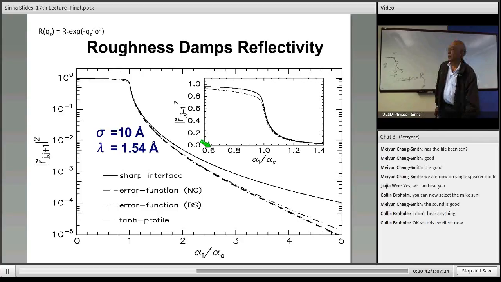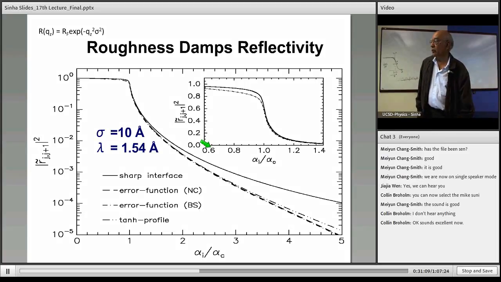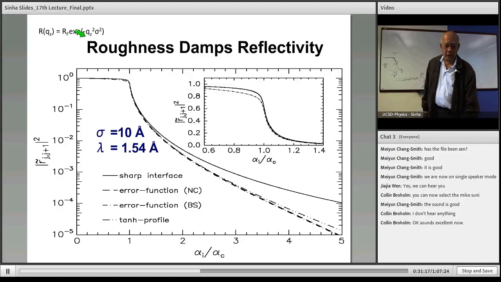That's for a typical value of sigma, 10 angstrom root mean square roughness, and a wavelength of 1.54 angstroms. This happens to refer to an X-ray measurement, but there's really no difference between X-ray and neutron reflectivity measurements, apart from the fact that we can measure magnetic profiles with polarized neutrons, as you'll see. So this is the expression up there. Okay, let's go on.